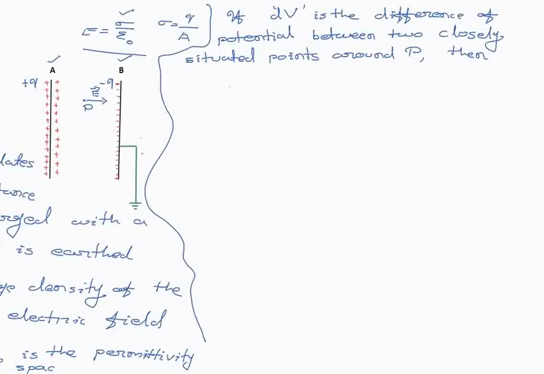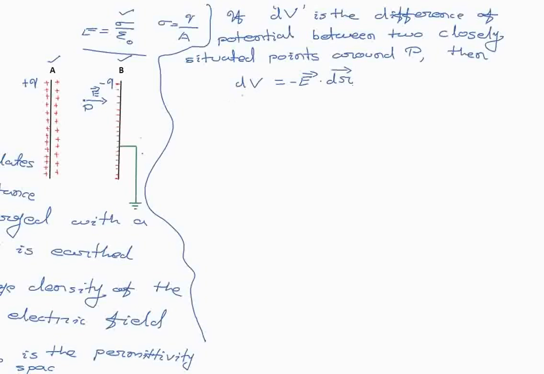So dV, potential being a scalar quantity, is equal to minus E dot dr. Also we know that the work done to move a unit positive charge against the electric field is called the electric potential.